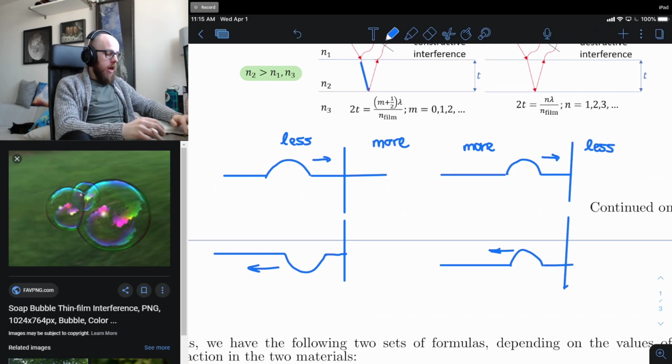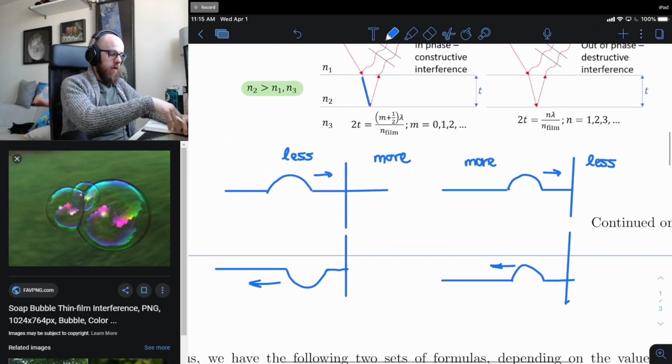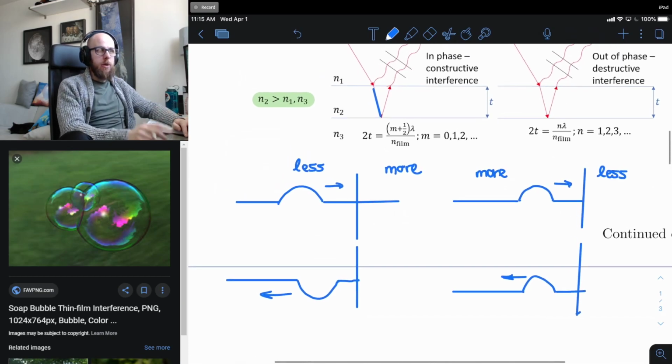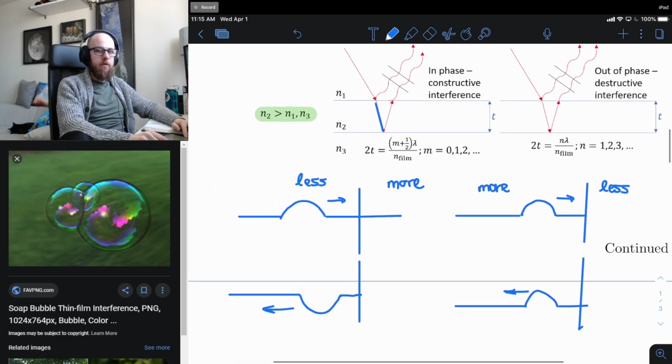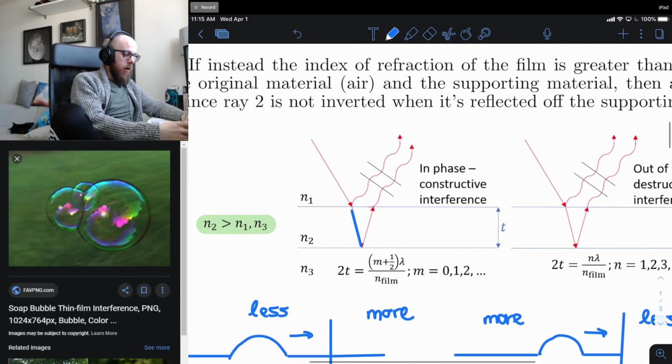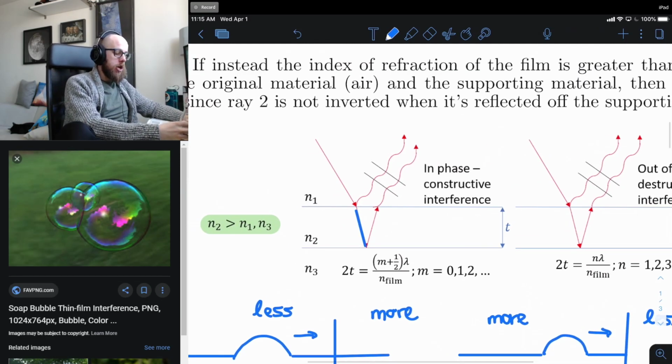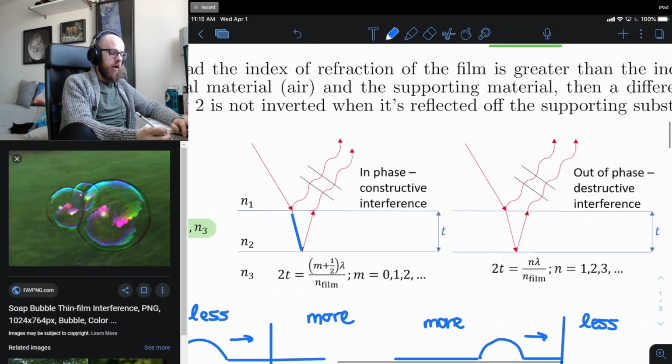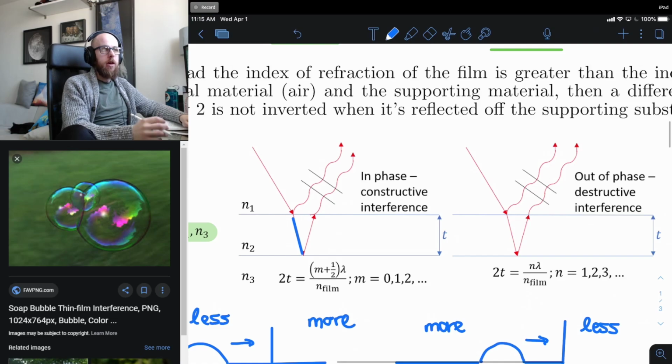Now, the whole result of this reflection or inversion of the wave when it's reflected is that when the index of refraction of the thin film is bigger than N1 or bigger than N3, we actually get a different set of formulas, because we don't have that flip on the second boundary.